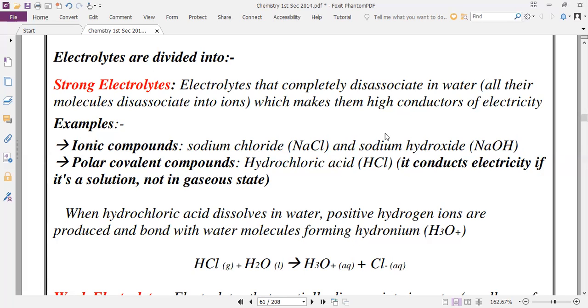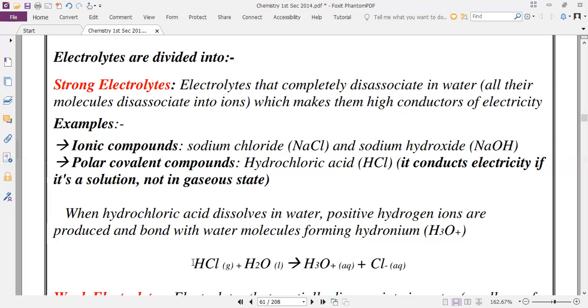When hydrochloric acid dissolves in water, positive hydrogen ions are produced and bond with water molecules, forming the hydronium ion.